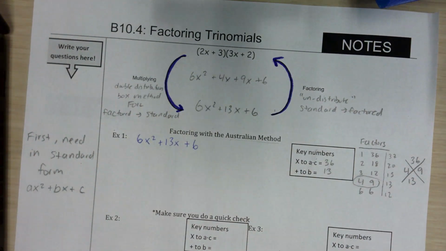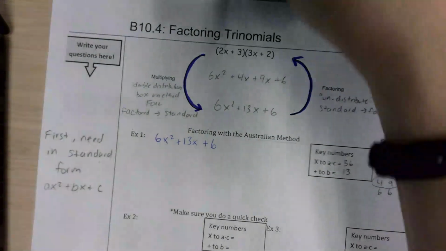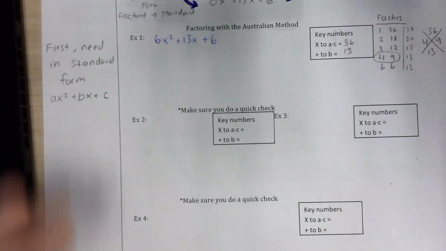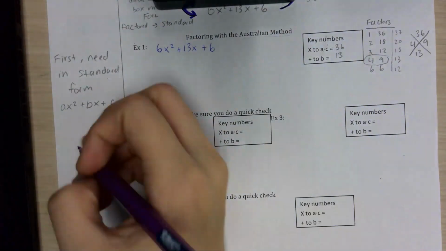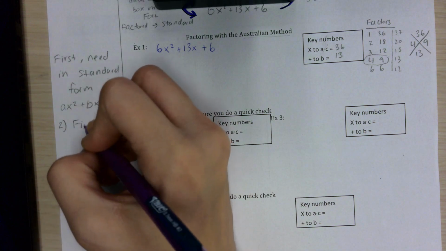The way to do the Australian method, I can write the steps here. First, need in standard form. Second, find key numbers.